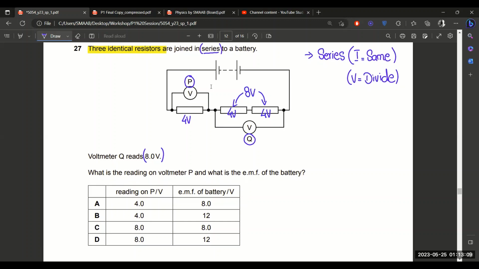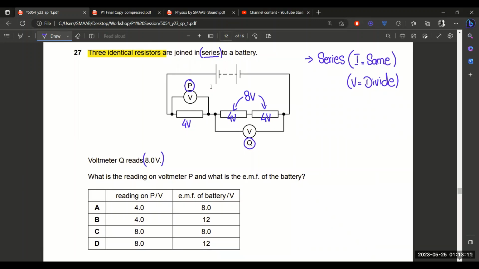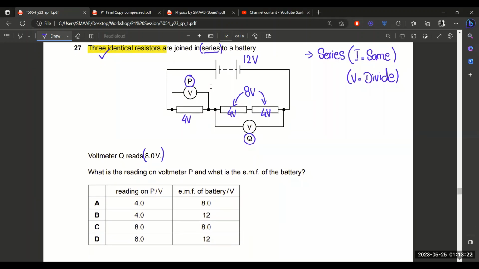And what is the EMF of the battery? The EMF of the battery is the sum of all the voltages, which is equal to 12 volts, divided equally among all resistors. So your answer is reading on P 4 and EMF of battery 12. So B is the right answer.